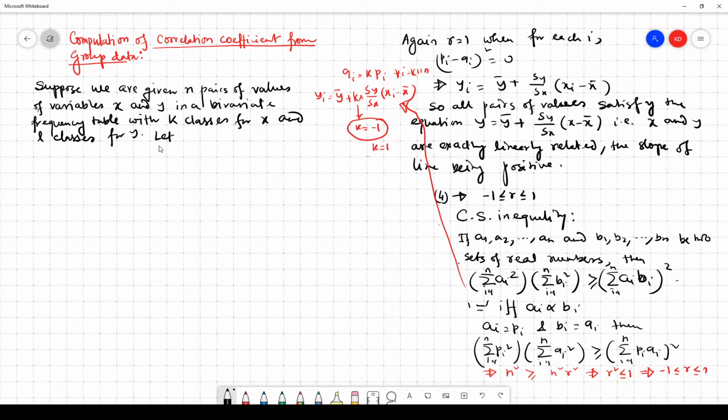Let fij be the frequency of the ijth cell, where i from 1 to k, j from 1 to l.